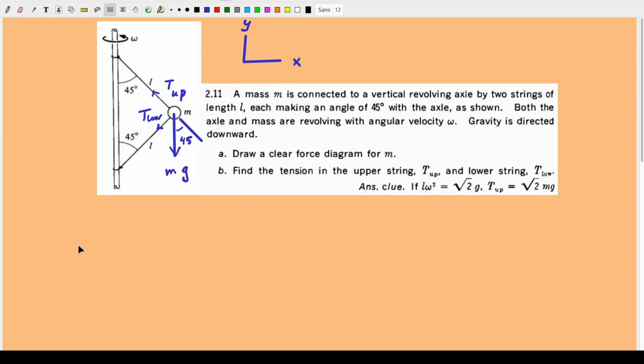So let's look at, for example, T up, the triangle. So I can do this. Something like that, approximately.